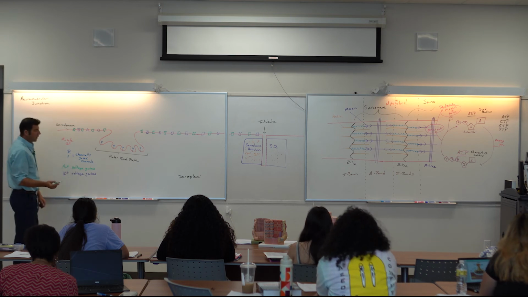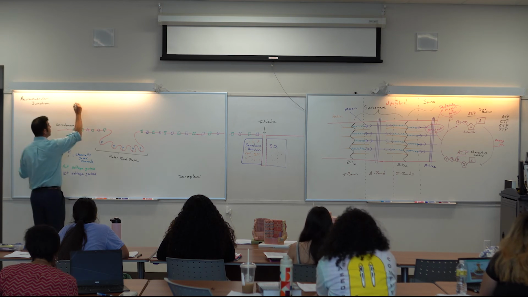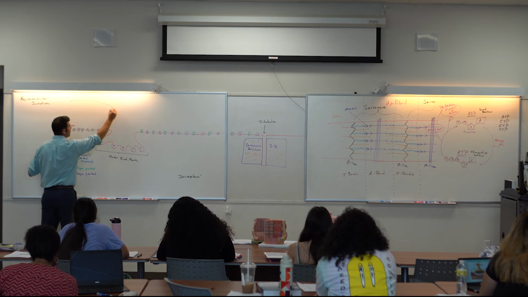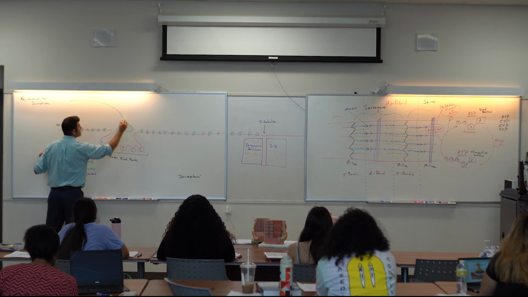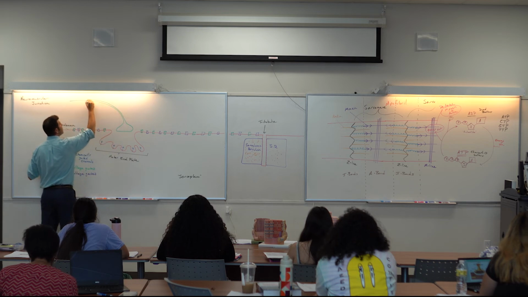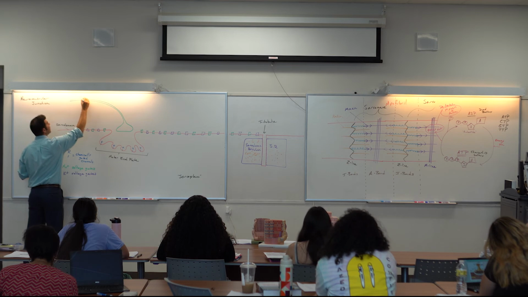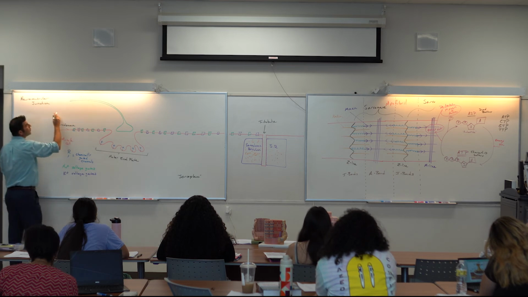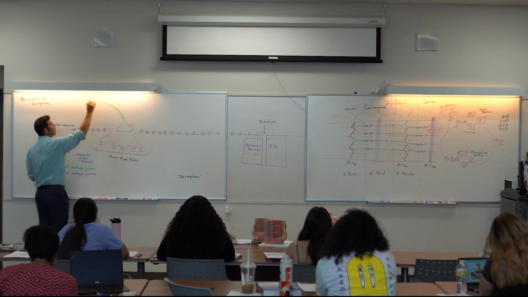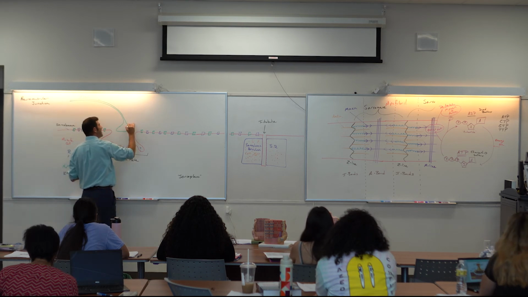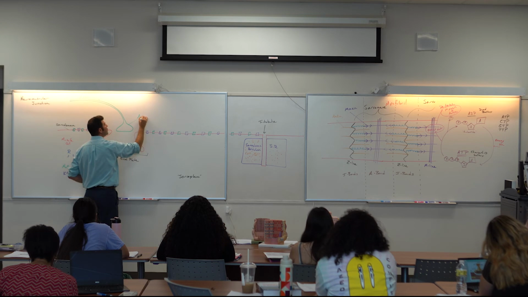And I don't have a different color green, so let's just put this thing in green. This is going to be our axon. It's just part of the neuron that is sending a signal away from the neuron's cell body down towards this expanded end of the axon, what we call the axon terminal.